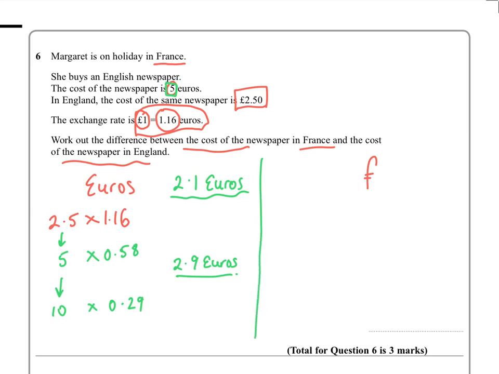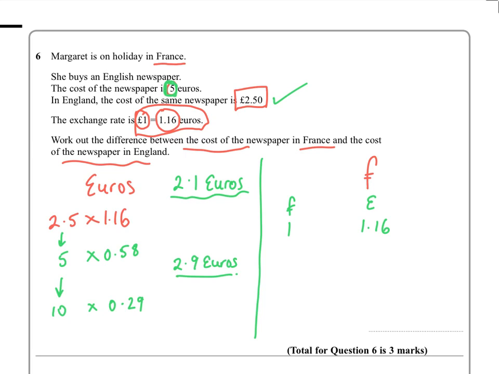Now, let's look at the pounds now. Well, we know the newspaper is £2.50, but it's €5, you see. Now this is harder, so if you watch this, £1 is 1.16 euros.